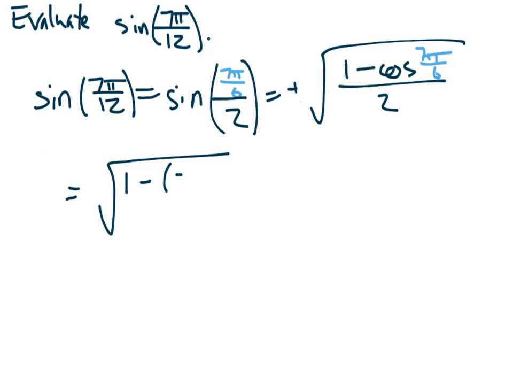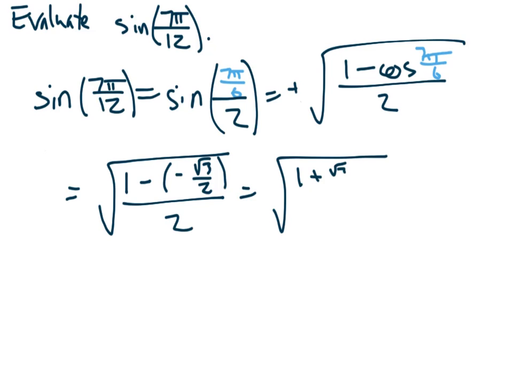Cosine of 7 pi over 6. Root 2 over 2, root 3 over 2, or 1 over 2? If you said root 3 over 2, you are the winner. Hooray! And this becomes 1 plus. And the last steps are similar to the last steps we've done a minute ago.